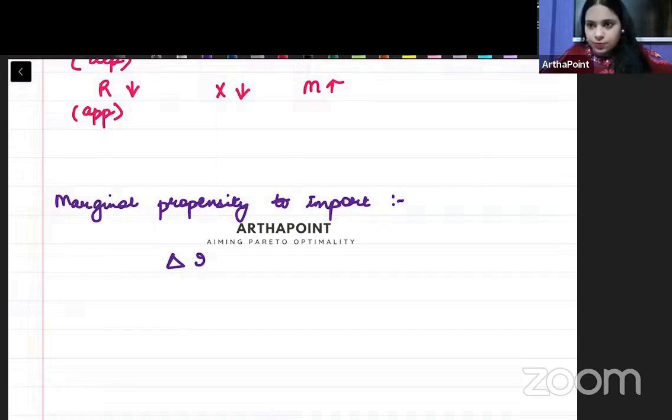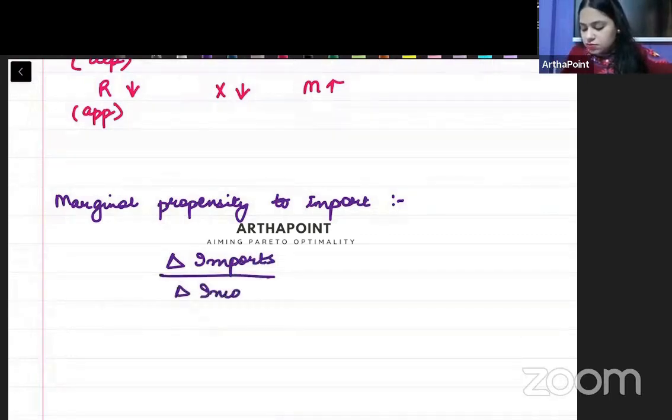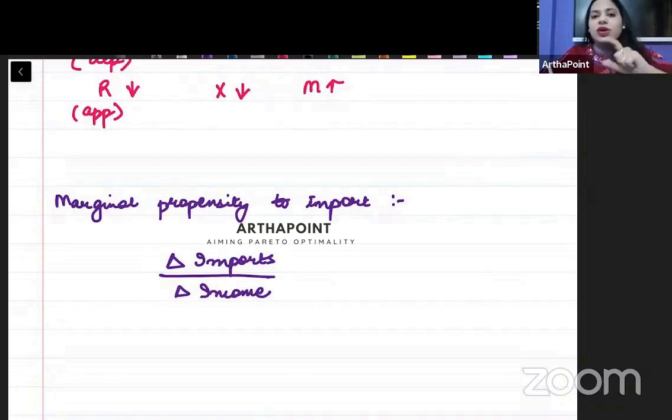So ध्यान से समझो, marginal propensity to consume was telling me कि consumption कैसे change होगी जब income change होगी. तो marginal propensity to import बताता है कि imports कैसे change होंगे जब income change होगी. How will imports change when income changes? That is called marginal propensity to import.